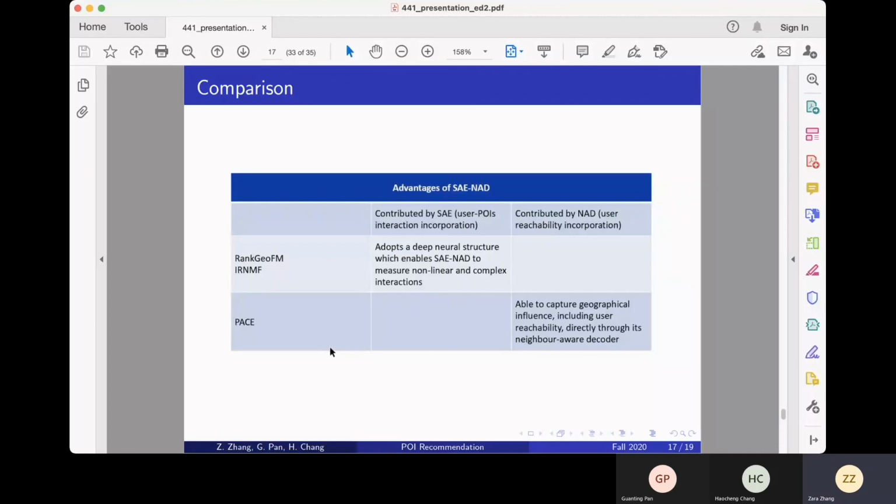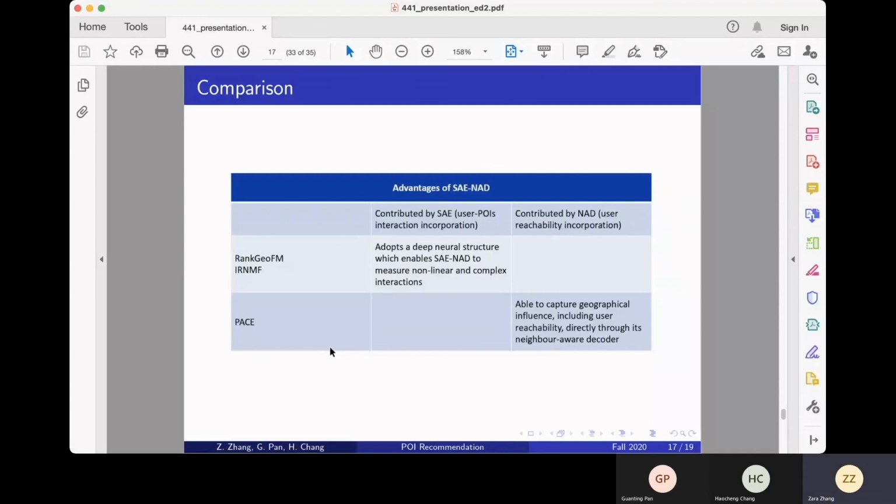Moreover, compared with PASS, which is a deep learning-based method, the proposed model offers a more precise measurement of geographical influence. Though PASS is able to capture complex interactions, it models the geographical influence by a context graph, which fails to incorporate user reachability into the modeling process. As a result, our proposed model is able to outperform PASS by capturing geographical influence directly through its neighbor-aware decoder, which allows it to achieve better performance overall.